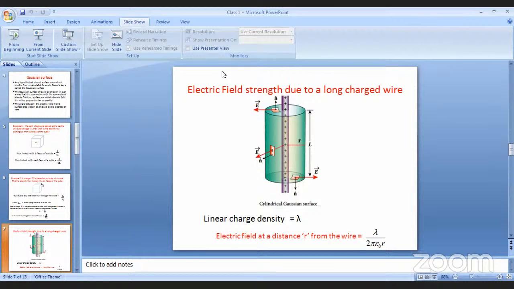Using that Gauss law, we can calculate the electric field of certain objects. So the first application is the electric field strength due to a long charged wire. This is the wire, in violet color, in which you can see positive charges.